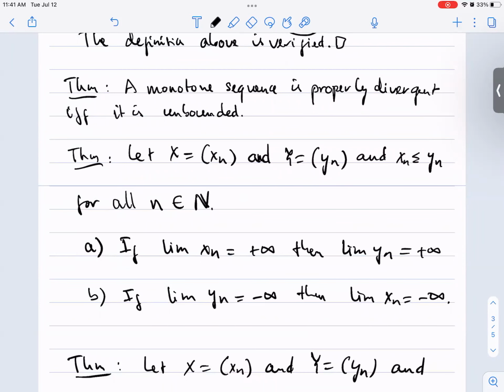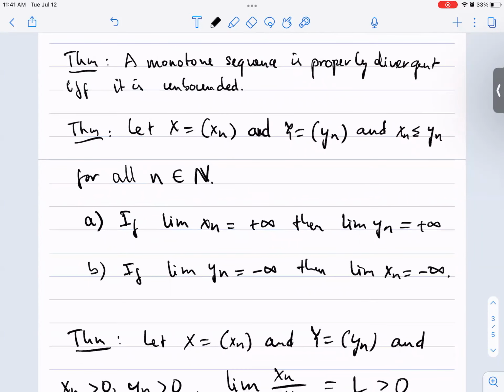Now, the next theorem is that a monotone sequence is properly divergent if and only if it is unbounded. And this is not surprising because we have a previous statement which says the following. A monotone sequence is convergent if and only if it is bounded.